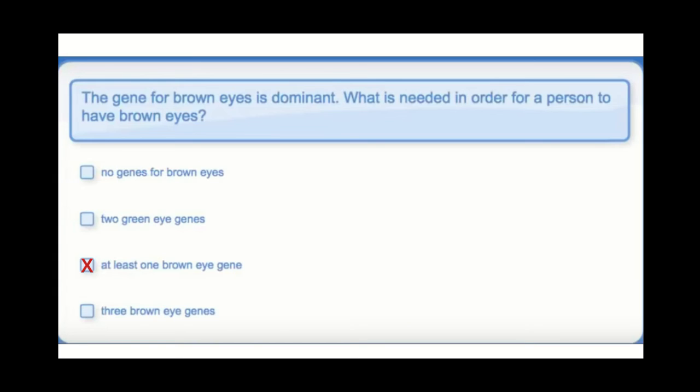So this answer was clear, because if one gene is brown, then the brown gene wins because the brown gene is dominant, and every other gene like the blue eye gene or the green eye gene hides behind the brown gene.